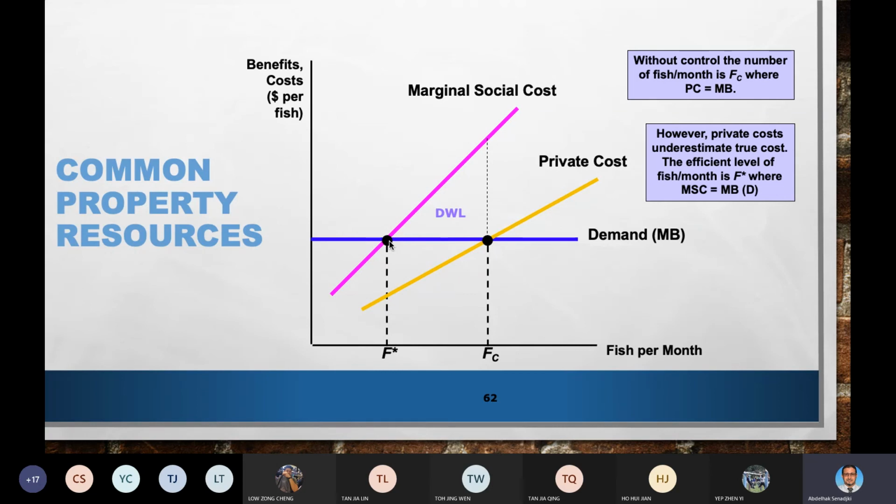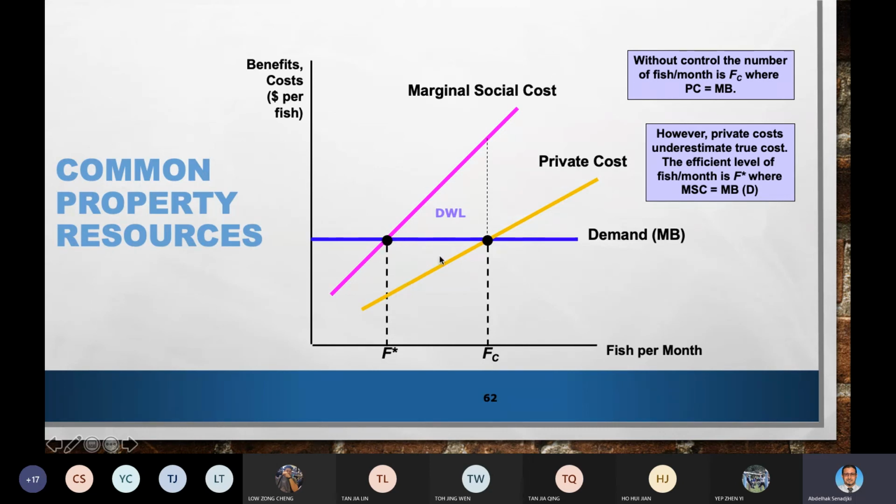When only F star fish are caught here, the revenue from fishing is greater than the cost, and there is a profit to be earned by fishing more. When we fish more, until we reach here, this revenue, the blue, is more than the cost.